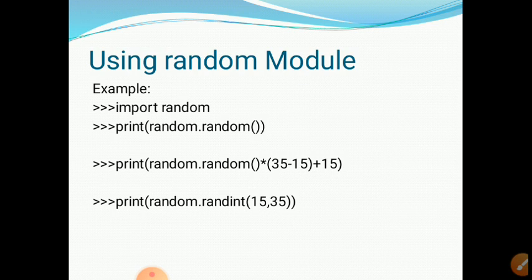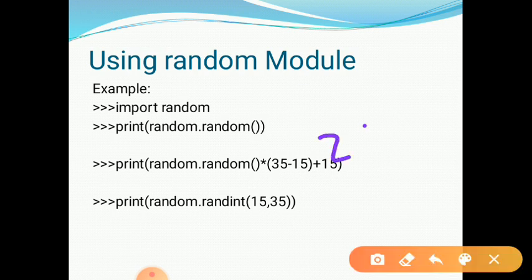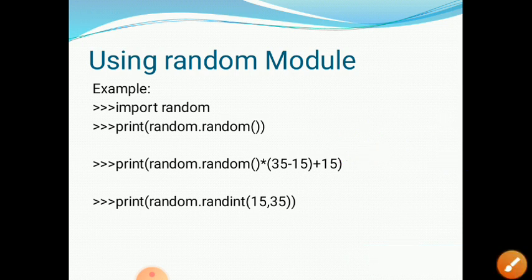Here the upper limit is 35, we subtract 15 from it and then add the lower limit, which is 15. So it will generate a random number between 15 and 35 in a fractional value. Suppose it returned 25.5012, like that.